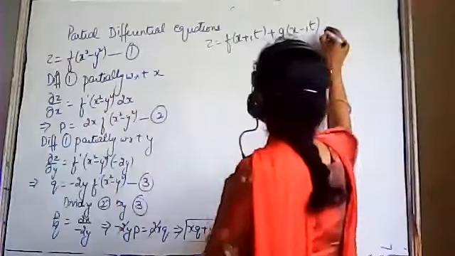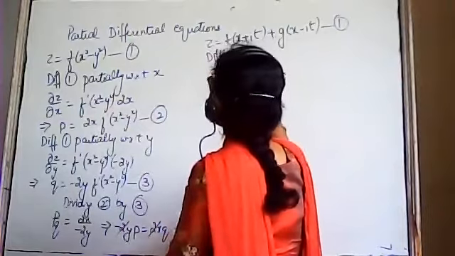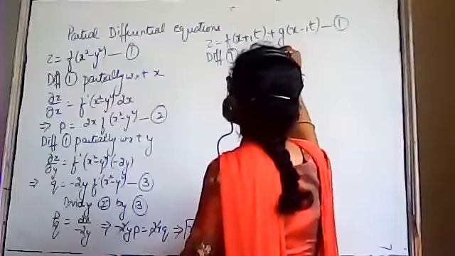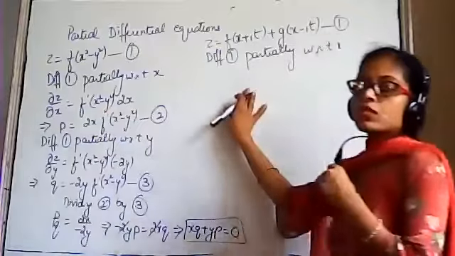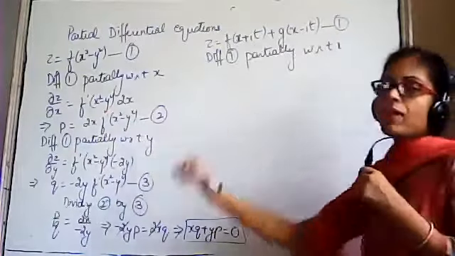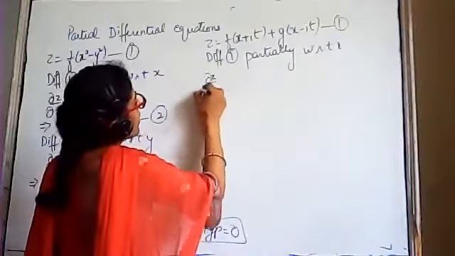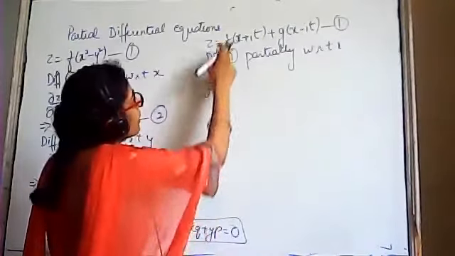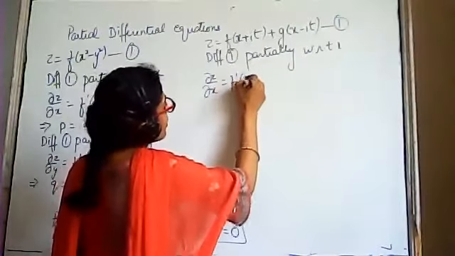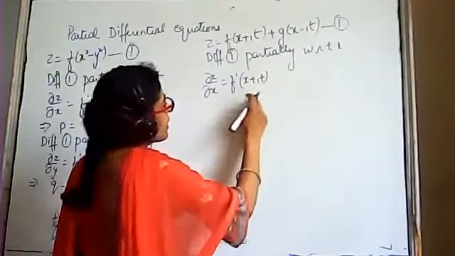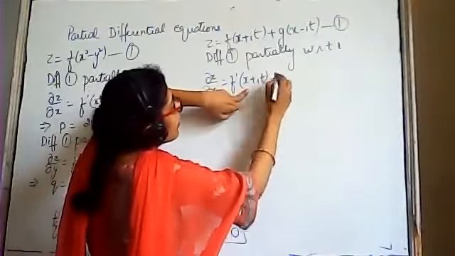So first of all, differentiating equation number 1 partially with respect to x. Left hand side will be curly z upon curly x. Differentiation of the function will be f dash x plus iota t, and differentiation of the inside bracket will be 1.